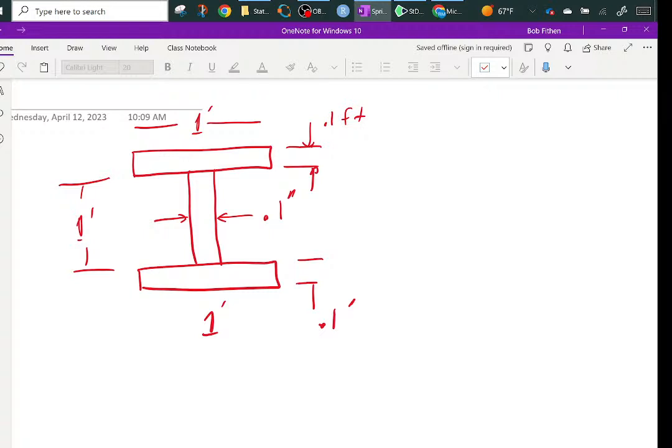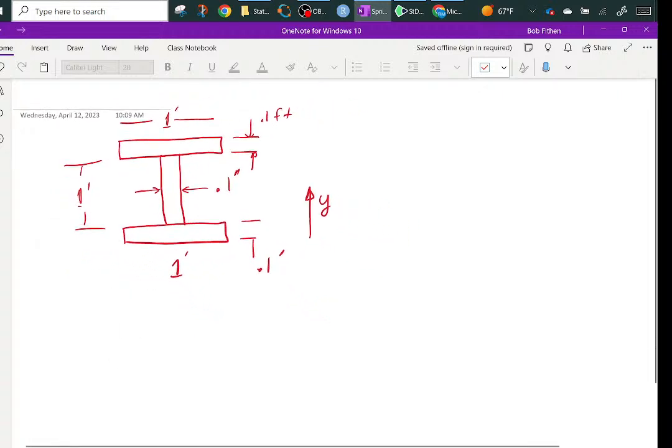First of all, I'm going to go through this process of finding the centroid. Now, this is something that's not going to surprise you. But I'm only going to be looking for the centroid in the Y. I don't care about the X right now.